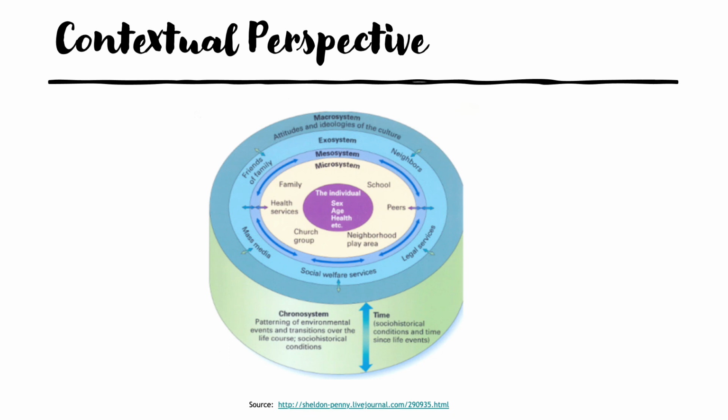You will notice the developing child at the center, with micro, meso, exo, and macro systems surrounding the child and interacting. The impacts of the environment surrounding the child and the ability to affect the development of the child through different characteristics, talents, disabilities or abilities, and temperaments is important.